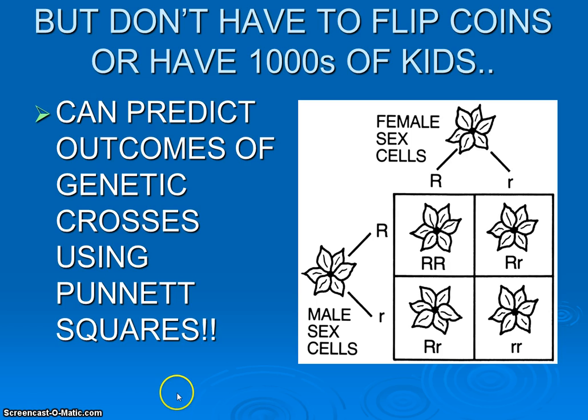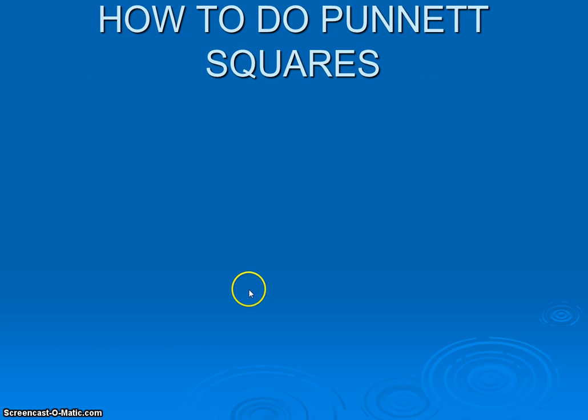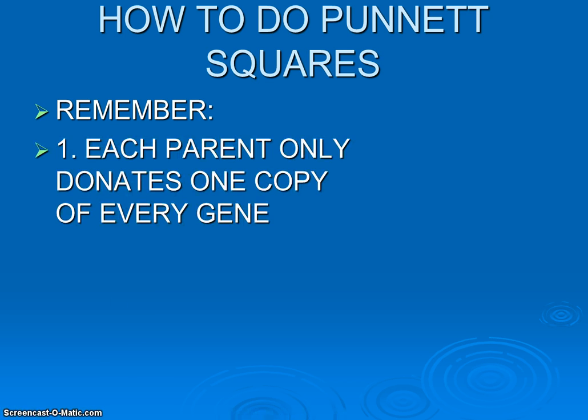So what we really want to focus on is how we set up and do these actual Punnett squares, because we have to remember a couple of things. First, and most importantly, remember that each and every single parent can only donate one copy of each and every gene, because remember, in meiosis, here are my beautiful chromosomes, our homologous pairs. I know you love the homologous pairs.